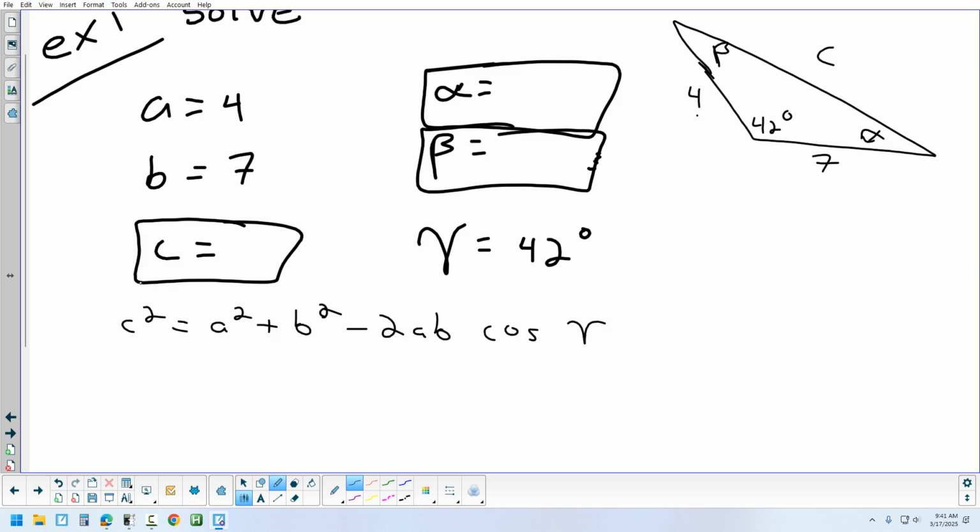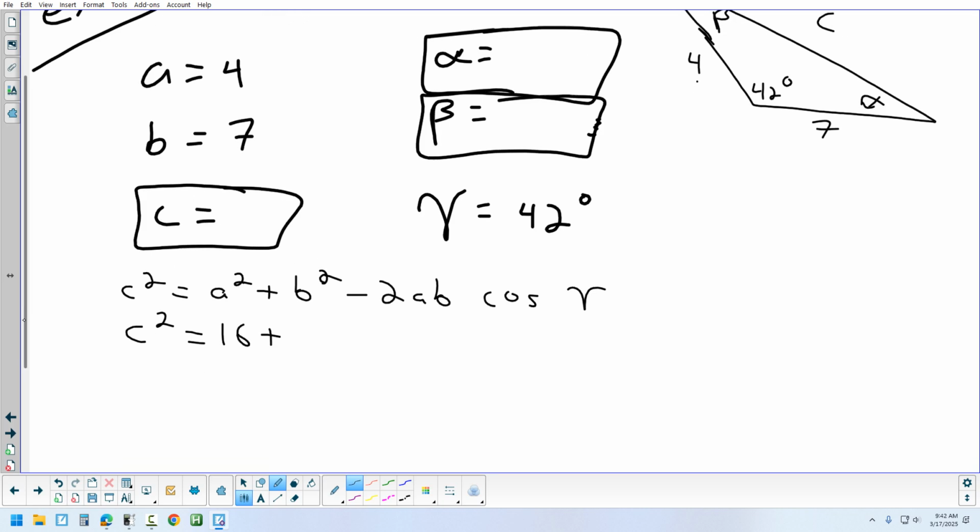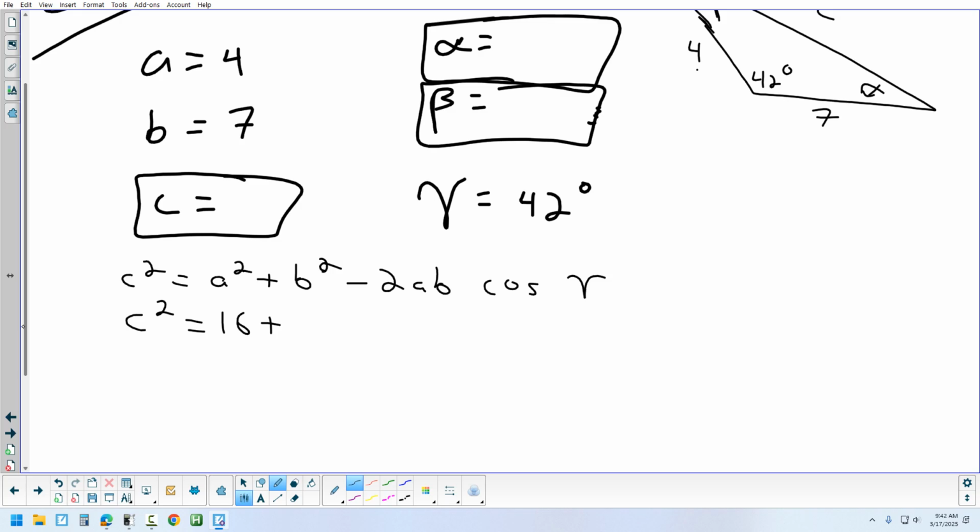All right, so start with C. Don't know. What's A squared? 16. 16, yep. And what's B squared? 49. Minus 2 times A times B. I usually do that as I write it down.